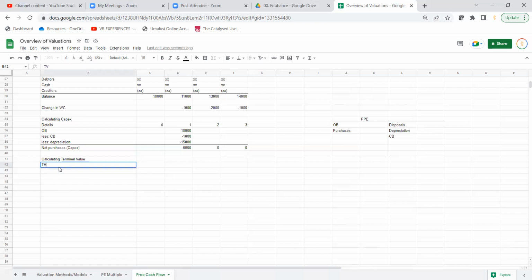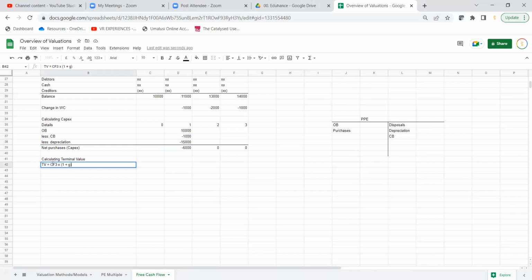Terminal value equals cash flow year 3. So we use a cash flow of the previous period, and we grow it by the growth rate. What's important, the growth rate that you use needs to be the growth rate of the terminal period.